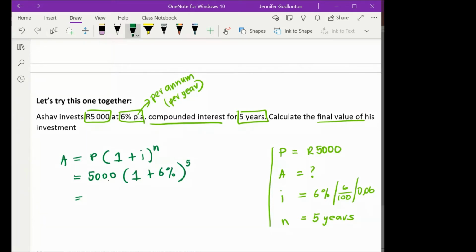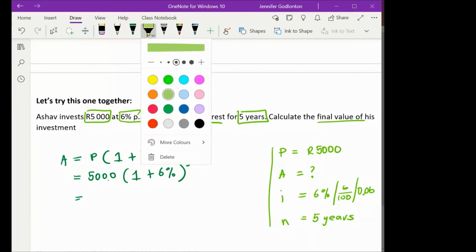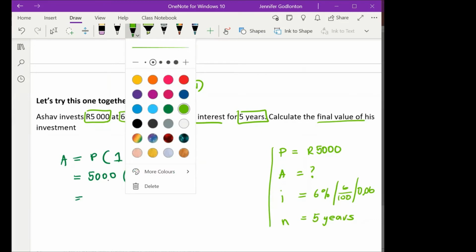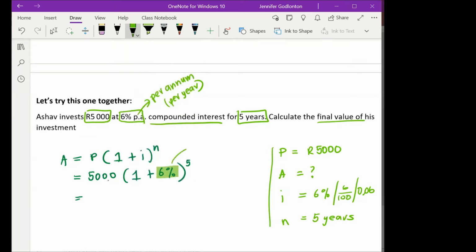So I think the thing that you guys need to be most careful about is how you're writing this value. So if you're not able to write the percentage sign on your calculator, rather write it as a fraction, as 6 over 100. And just remember that the 5 is a power of 5.